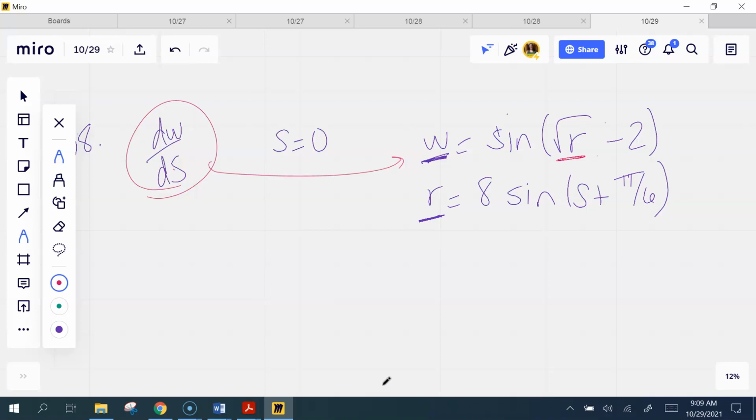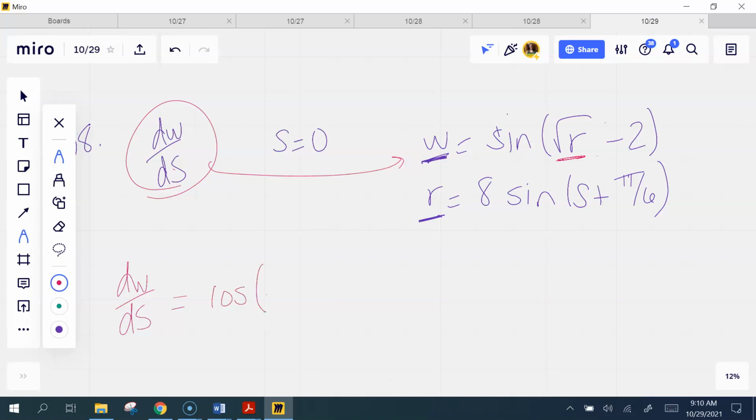Kind of like whenever I'm taking the derivative and there's x's and y's, because I'm doing it with respect to x, if I take the derivative of y, I have to follow it with dy dx, right? But in this case, if I'm finding dw ds, then any other variable that I find the derivative of within this equation, I'm going to follow with d, whatever that variable is, ds, if it's not an s.